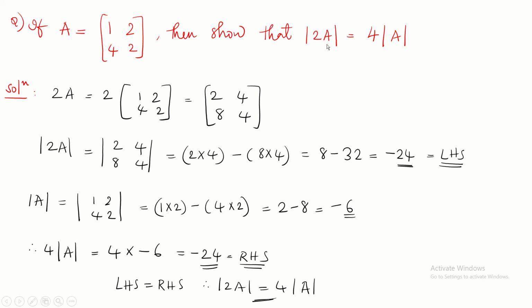So in LHS you have to multiply this matrix A with 2. Only then you have to find the determinant value. And in the RHS, first you have to find the determinant of A. That is, you have to find the determinant of this matrix. After that, the value you are getting for the determinant, you have to multiply with this 4. Okay, there is a difference.